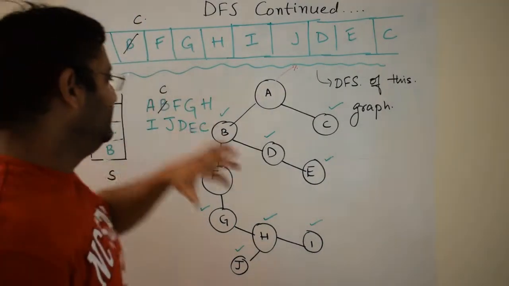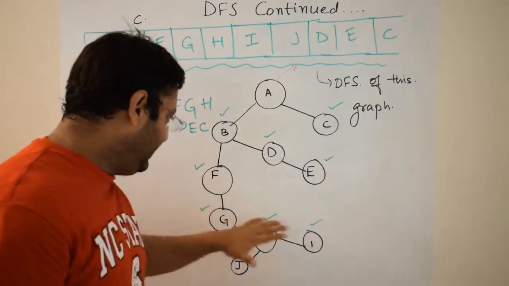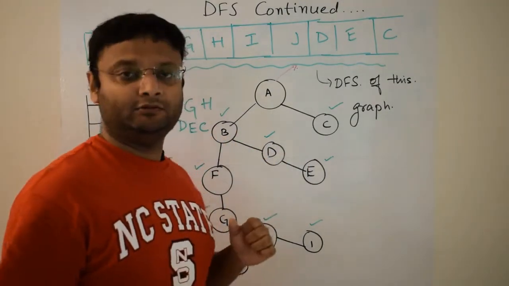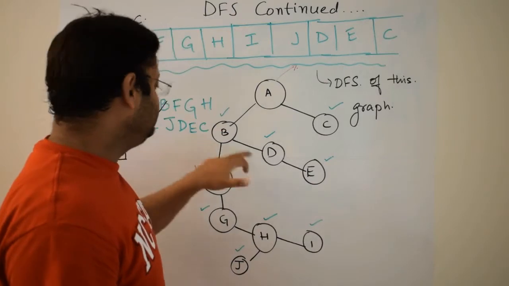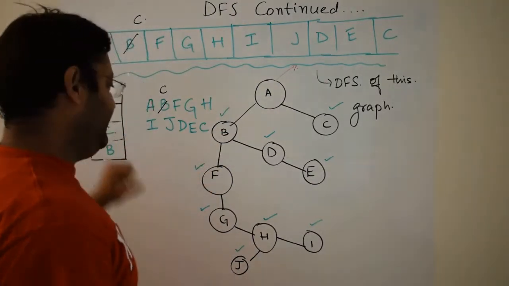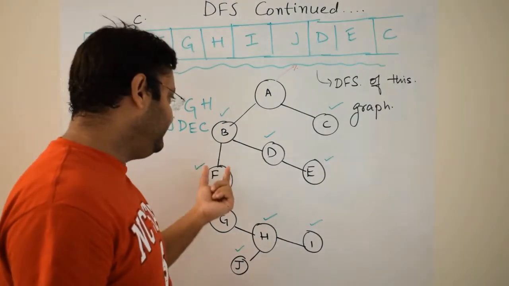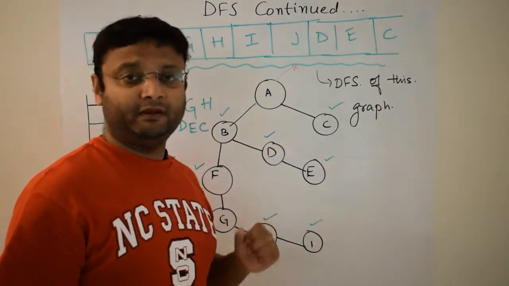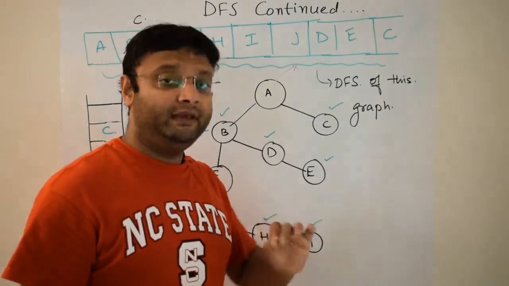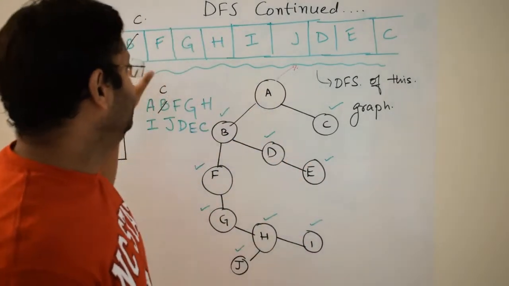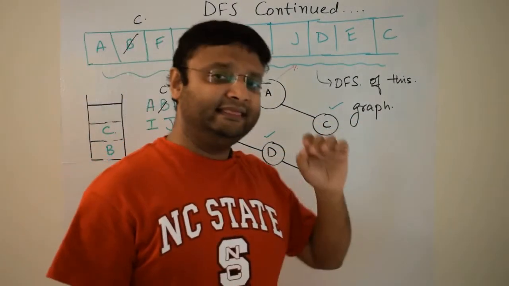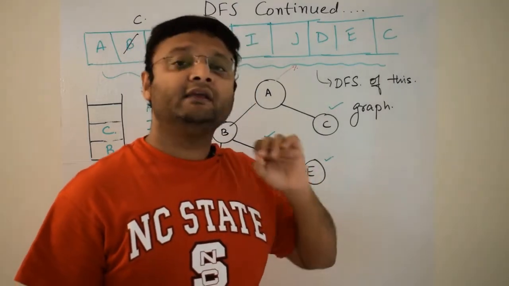Similarly, when we went through this path, we could have gone through the other path also. We pushed D first and then F, but had we pushed F first, we would have gone to the other path. So there can be multiple answers to this question, and that precisely has been asked in GATE also.